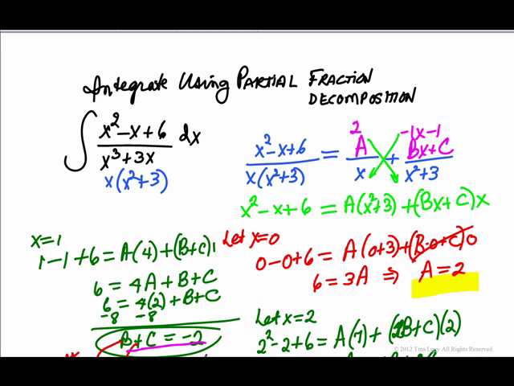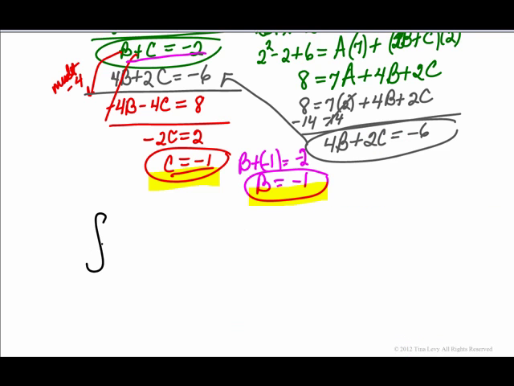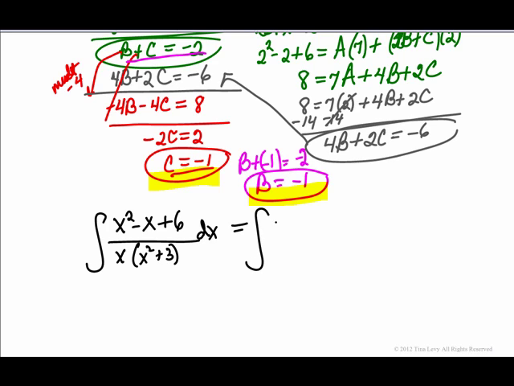So I'm going to rewrite the problem with that decomposition. So the problem was the integral of x squared minus x plus 6 over x times x squared plus 3 dx, now written with the decomposition, and it is 2 over x plus negative x minus 1 over x squared plus 3 dx.